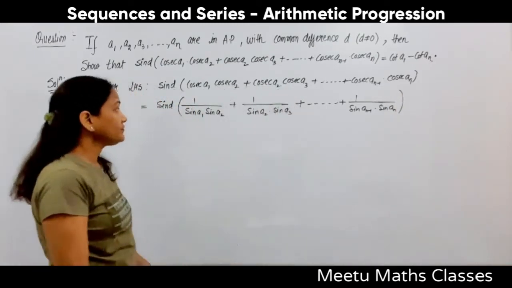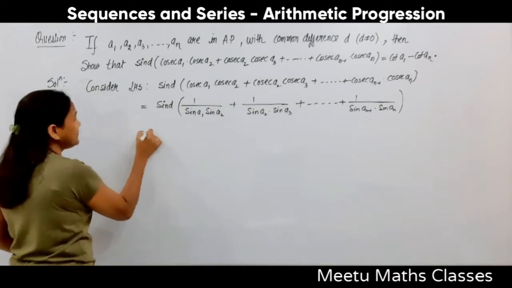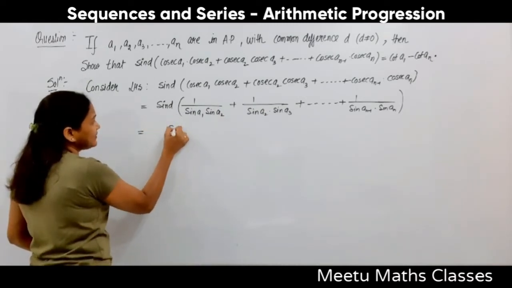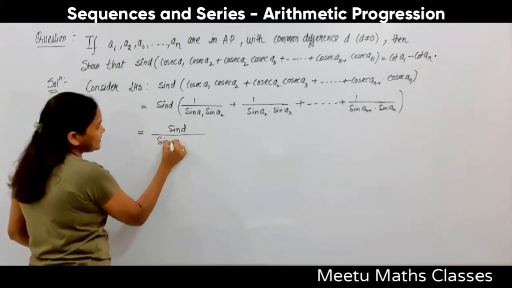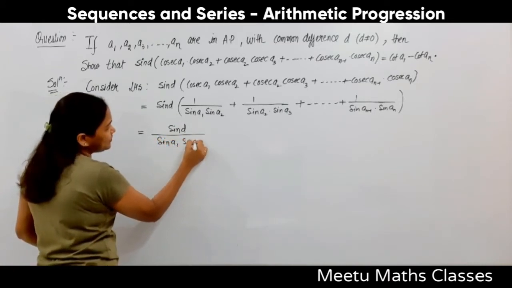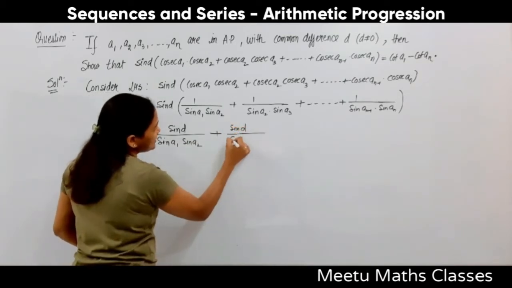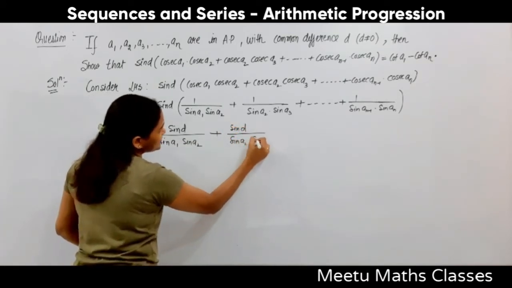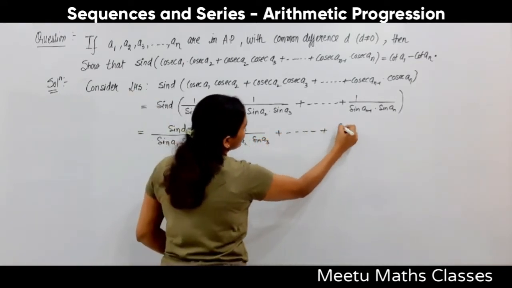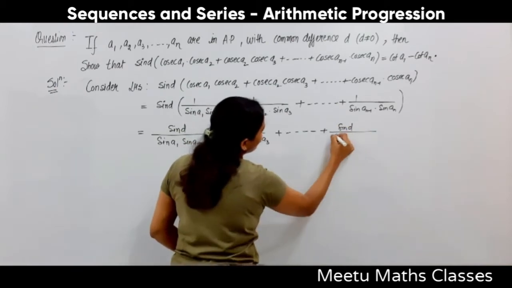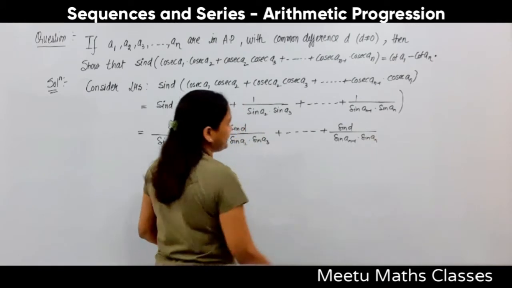Now sine D can be multiplied with the whole bracket, and you will get sine D upon sine A1 sine A2 plus sine D upon sine A2 into sine A3 plus so on, sine D upon sine An minus 1 into sine An.